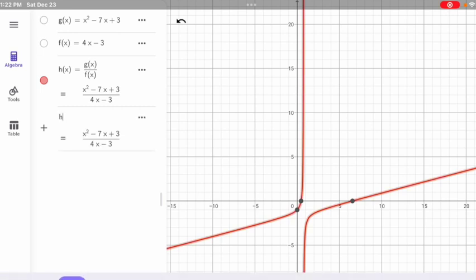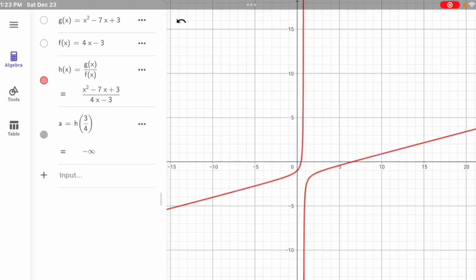I'm going to tell the calculator to evaluate h of x at 3/4, and you'll see that we have no value. There's an asymptote there, because we get 0 in the denominator. However, if I plug 3/4 into f of x by itself, I'm not going to run into an issue.